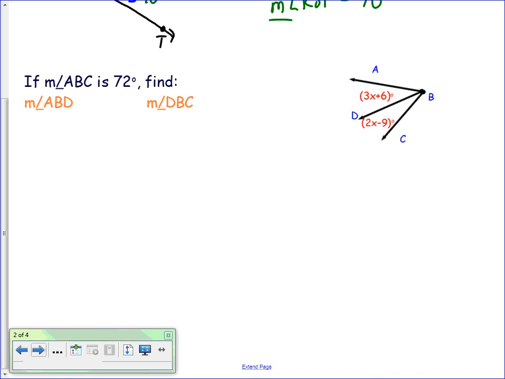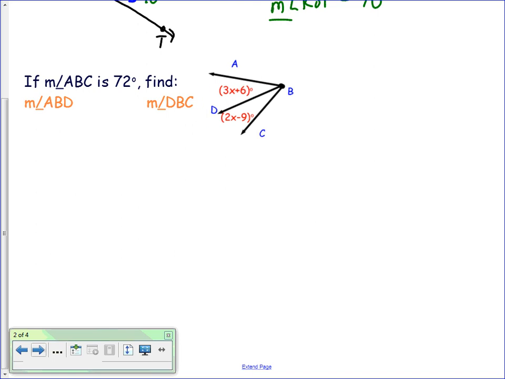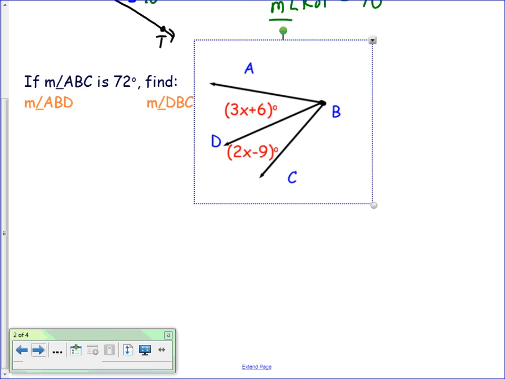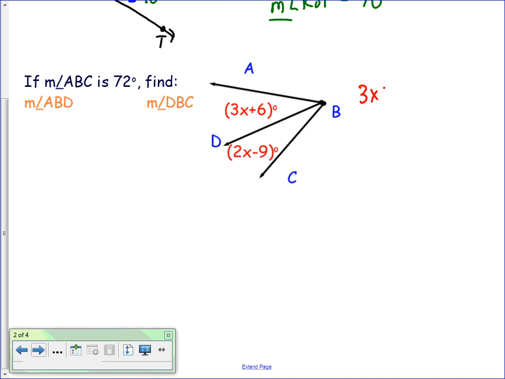Our next example says if the measure of angle ABC, pull that over here, enlarge it, is 72, find the measure of each of these two angles. So what we will do is say that these two angles, 3x plus 6 plus 2x minus 9 equals 72.